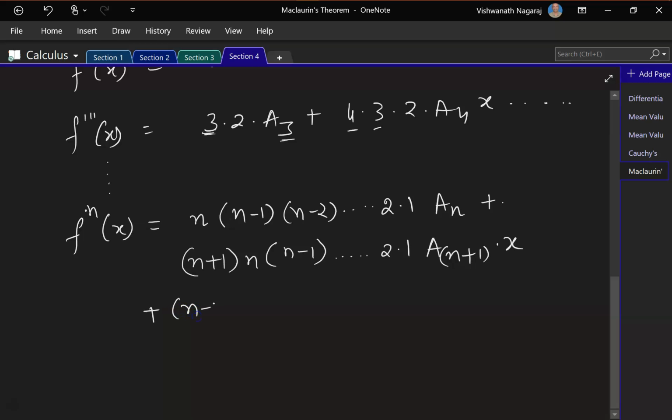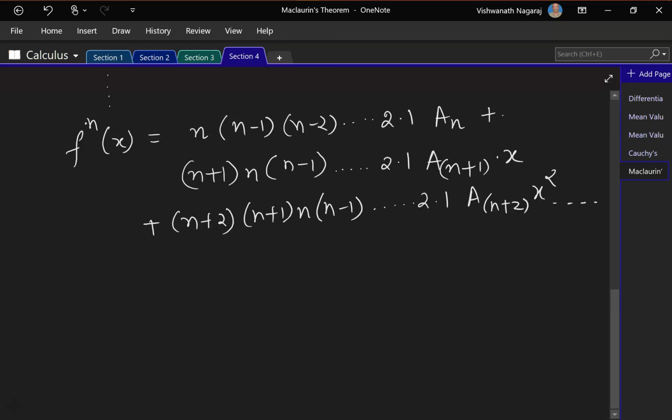It will start with n plus 2 times n plus 1 times n times n minus 1, and this will keep on going up to 2 times 1 times an plus 2 x square, and this will keep on going.